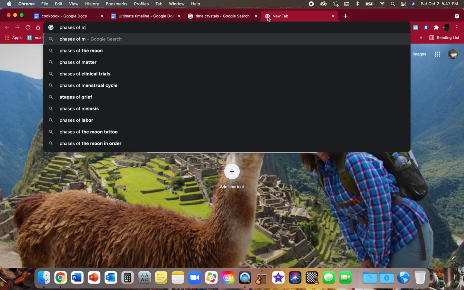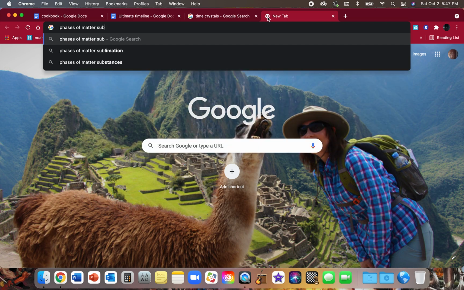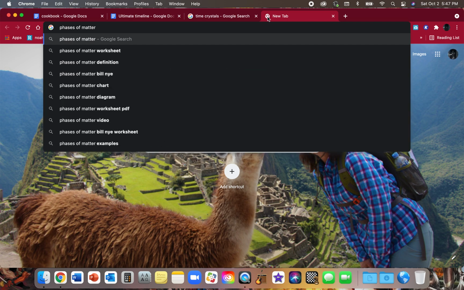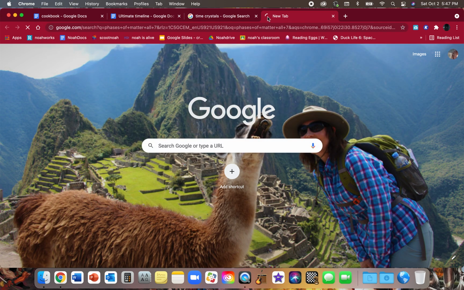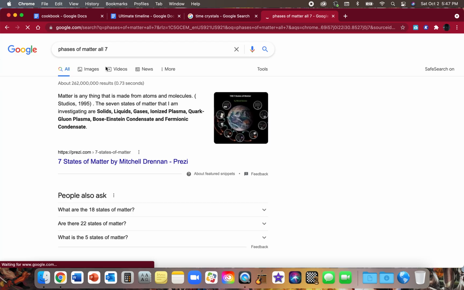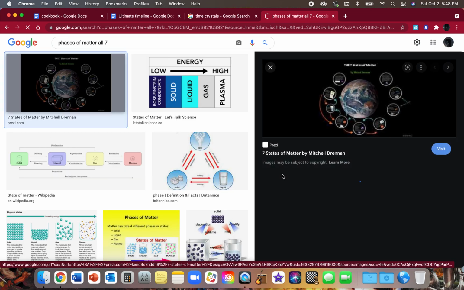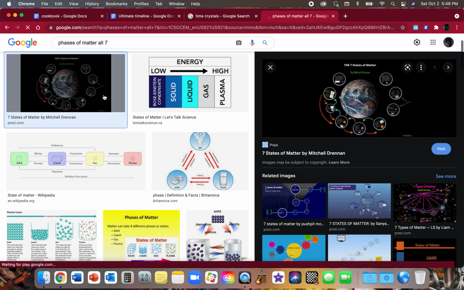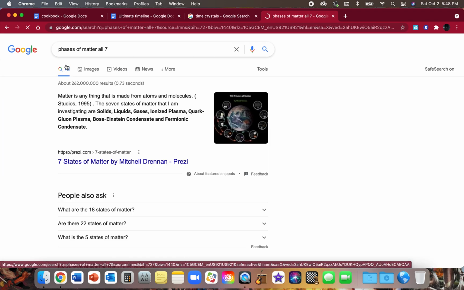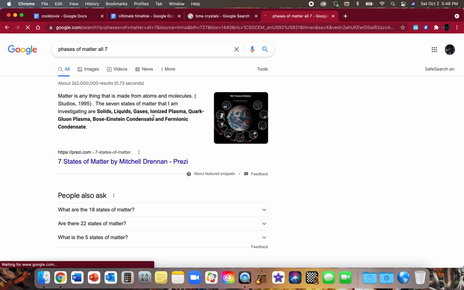And I guess there are some subcategories, I forget how many there are. There are a ton. What they are is solids, liquids, gases, plasma, quark-gluon plasma.